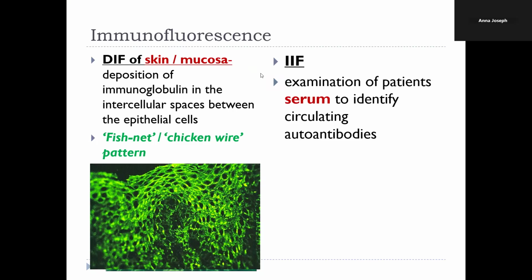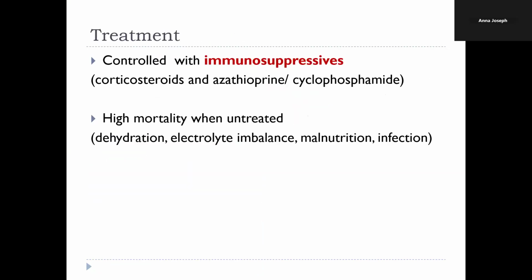Now, for indirect immunofluorescence, examination of the patient's serum is done to identify circulating antibodies, as was shown in the previous slides. Treatment of pemphigus. It is important that pemphigus be diagnosed and treated correctly, as untreated cases can have a morbid outcome.